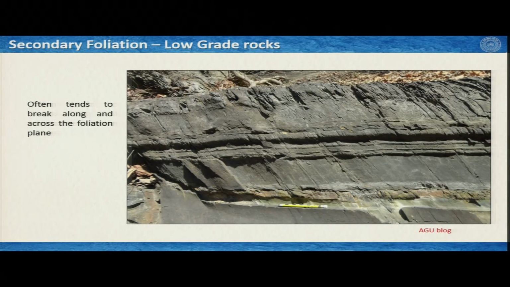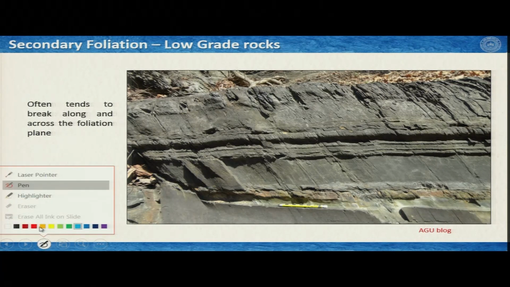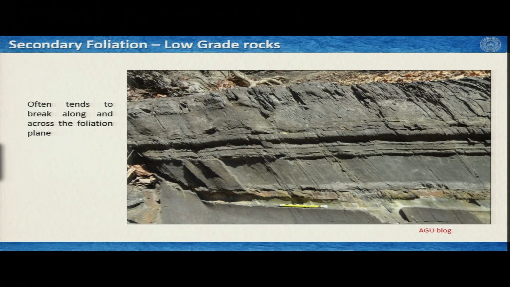This is a classic one; I took this photograph from the AGU blog. Without understanding first which one is what, let us first identify the planes here. That is also another way of looking at it.